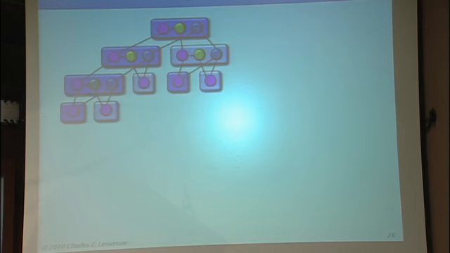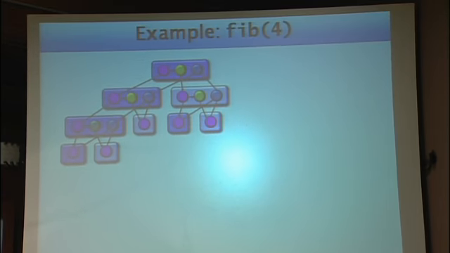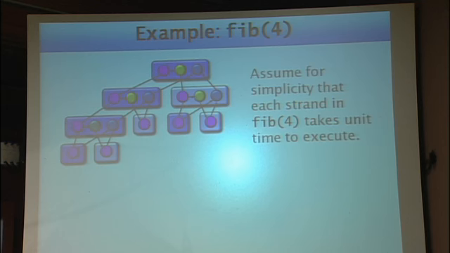Here's another example that we did before, fib of 4. Let's assume again that each strand takes unit time to execute. What is the work in this particular computation? Assume every strand takes unit time, which of course it doesn't.